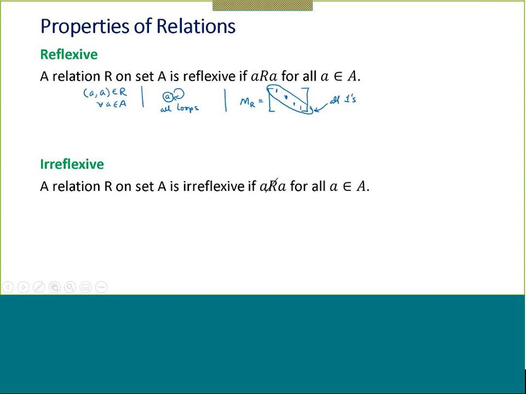This is some relation R on some building set A. Again, it has to be a subset of A cross A, so both the first and second coordinates come from this building set A. You tag it as irreflexive if A is never related to A for all the elements in the building set A. In terms of the actual relation with ordered pairs, (A, A) is never in the relation.